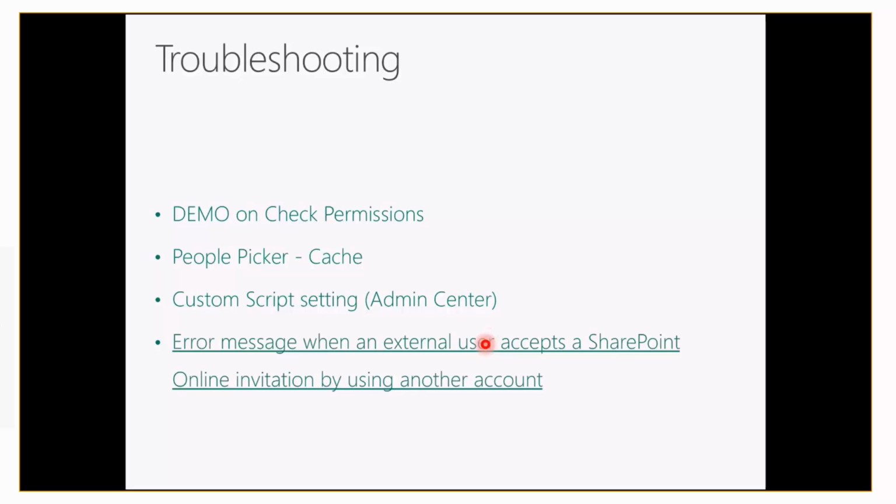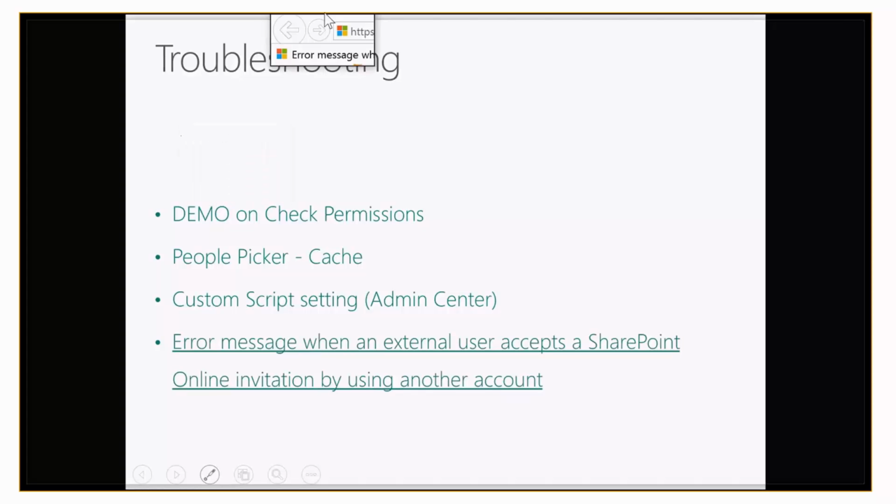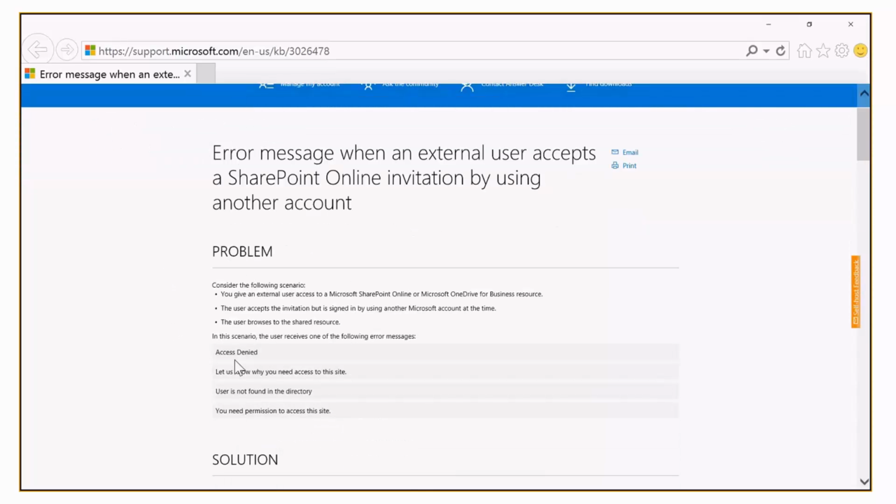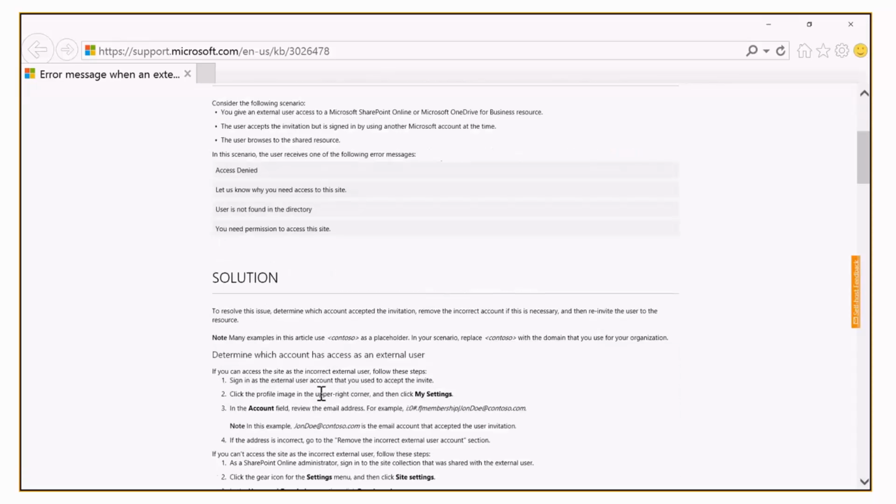Also, this error message when an external user accepts a SharePoint Online invitation by using another account. We were going to demonstrate some of these troubleshooting techniques, but we actually found this KB. It's here in the URL. You can later on search for it, for external users where you have access denied and that typical user not found in directory.